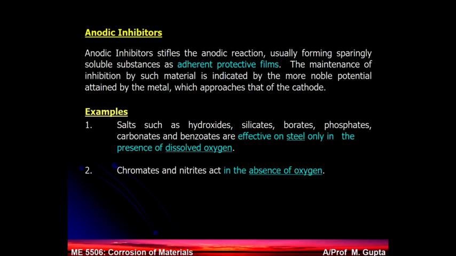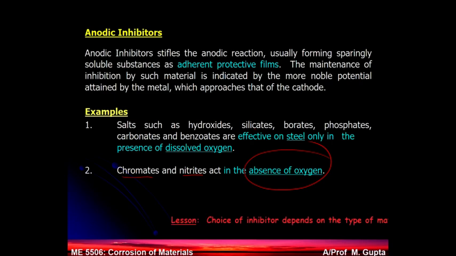Similarly, you use chromates and nitrite in the absence of oxygen. So the message is, first, you don't have to remember the names of these inhibitors. Number two, inhibitors are very specific in action for a given material and a given environment. So lesson: the choice of inhibitor depends on the type of material and environment.